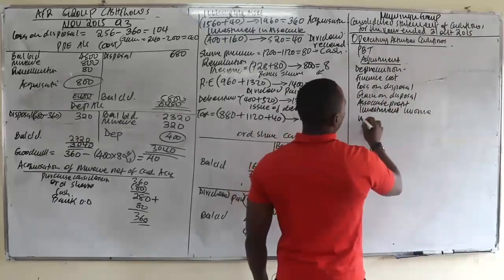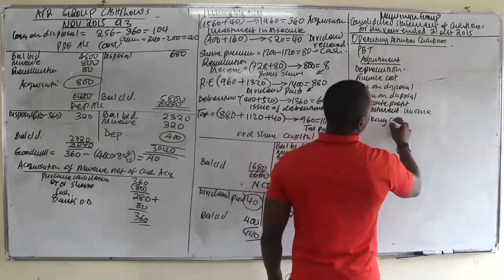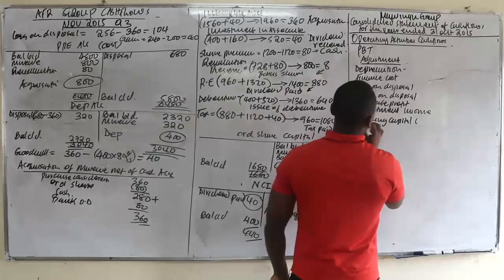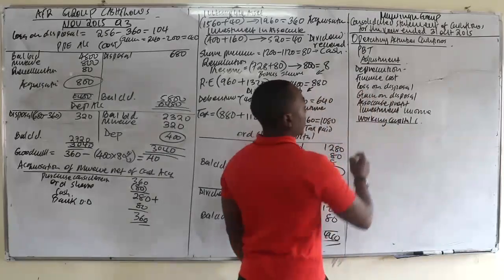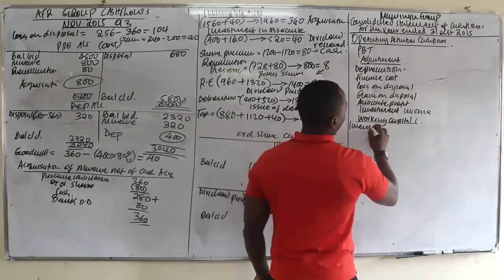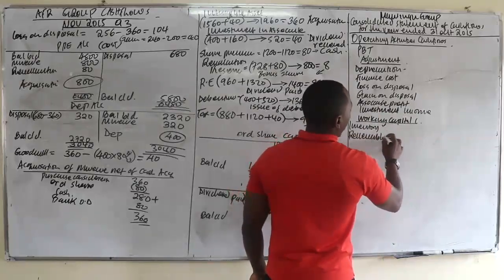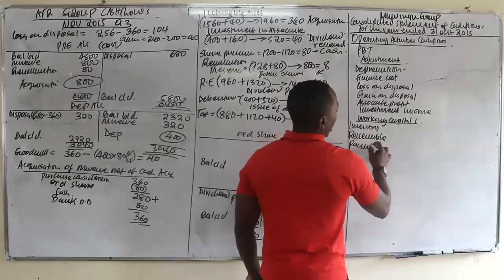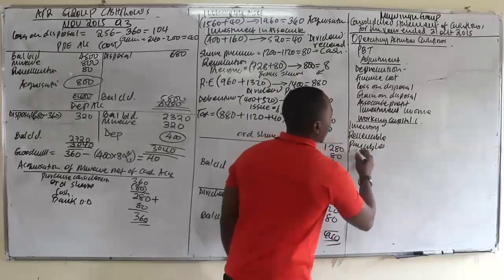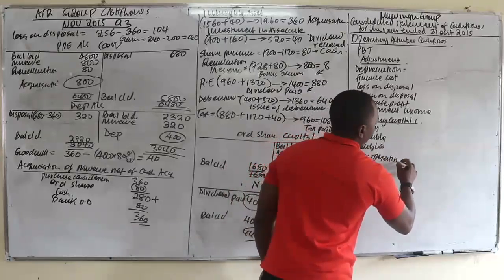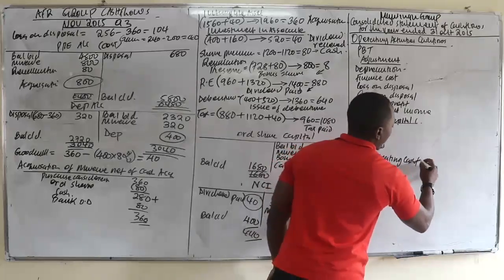And then you factor in the working capital changes. What do we consider? Inventory, account receivables, and account payables. And that's how we get our gross operating cash flows.